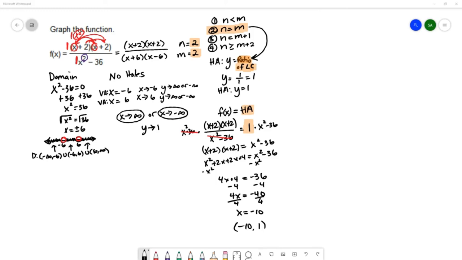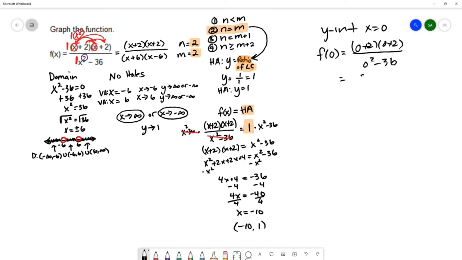So now we're going to look for any x and y intercepts of this function. To find a y-intercept, you're going to let x equal 0. I'm substituting a 0 into the function, and that would be 0 plus 2 times 0 plus 2 over 0 squared minus 36.